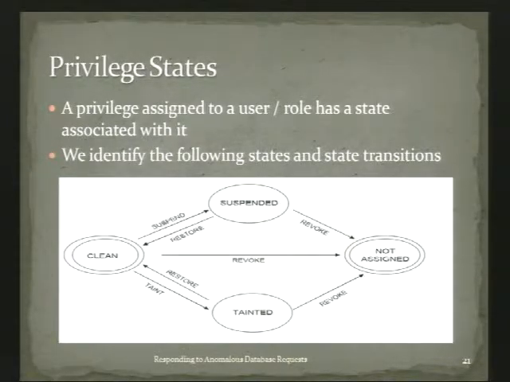So we say you can have more states associated with a privilege assigned to a user. This is the state transition diagram that we present in this work. Let me explain it a little bit. You start with a privilege. If it's assigned to a user initially, the state is clean.